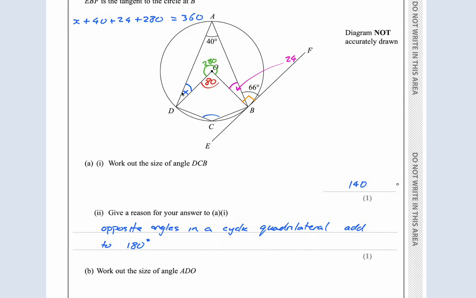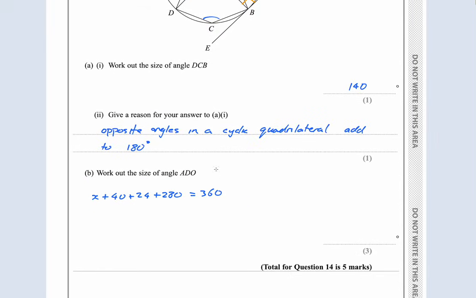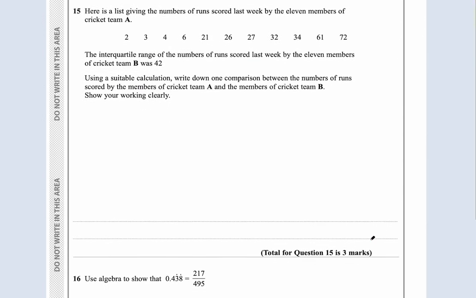That is because this is a quadrilateral in itself. It's got 4 sides, and the angles inside a quadrilateral add up to 360. So I'm just going to move that here. We're going to solve for x. So x plus, let's just add these together, that'd be 320, 344 equals 360, which means x is 16 degrees. x is 16 degrees.